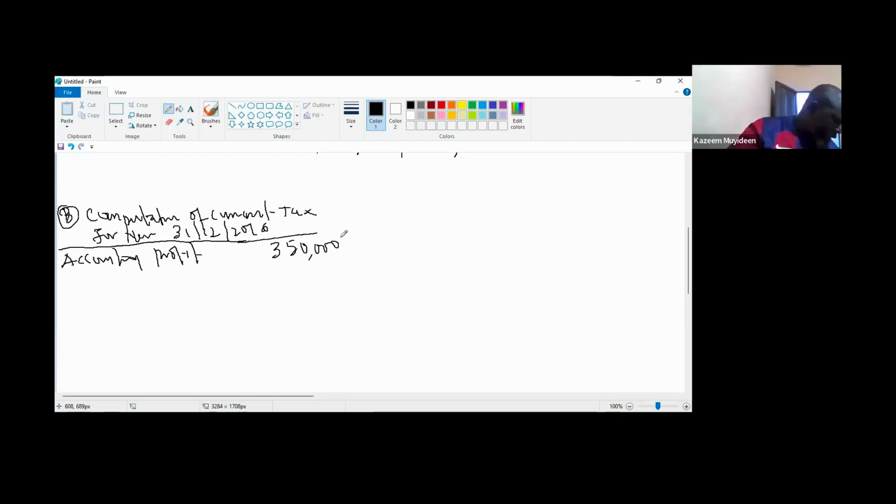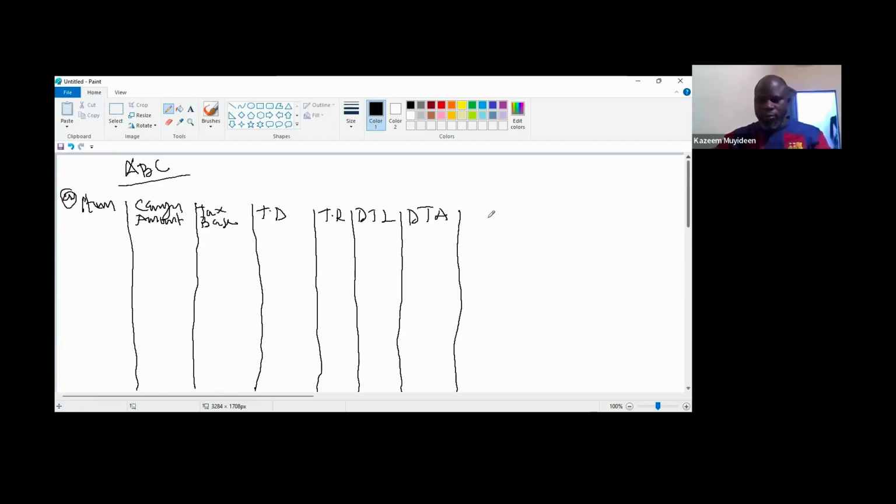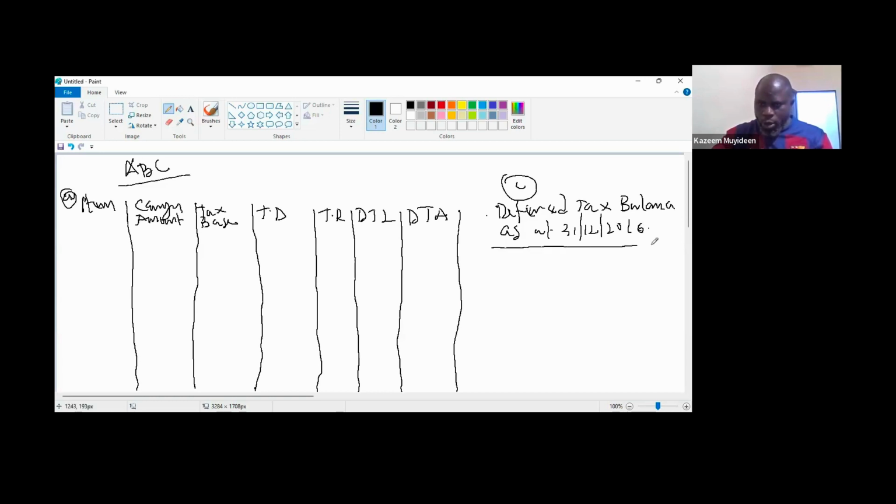Next, calculate the deferred tax provision. I can do that. Deferred tax balance, assets, as at 31st December 2016. I'll open everything now. Next, calculate the income tax expense.